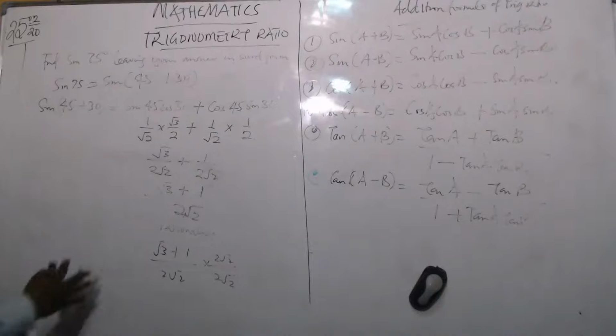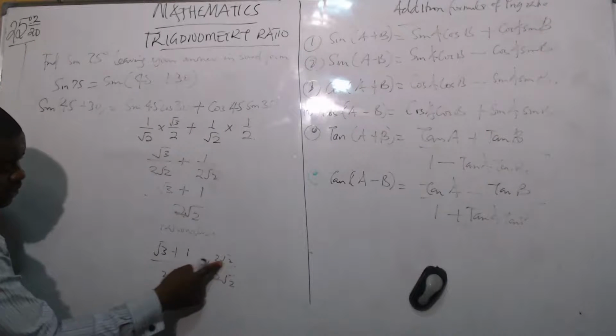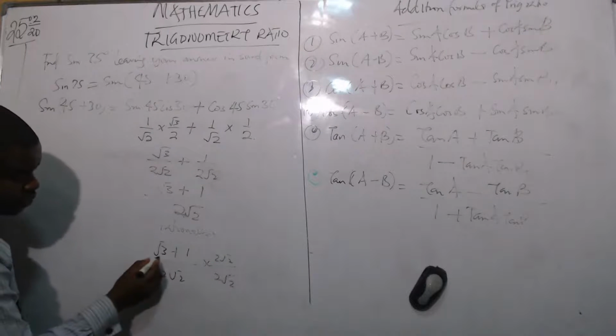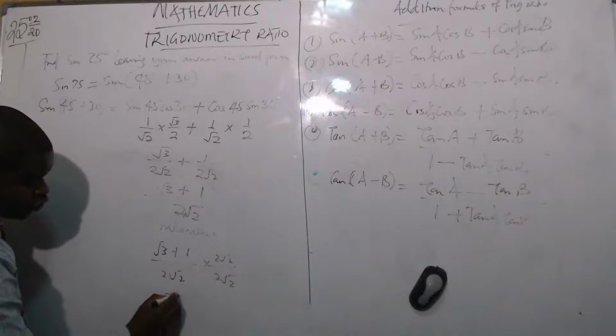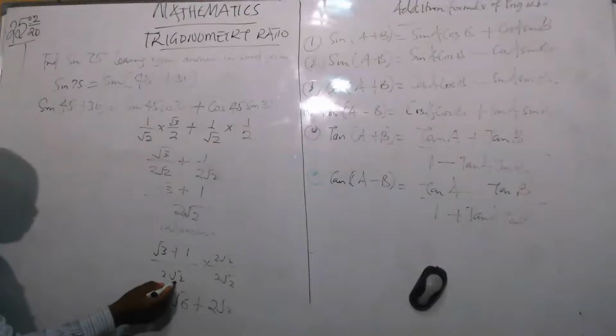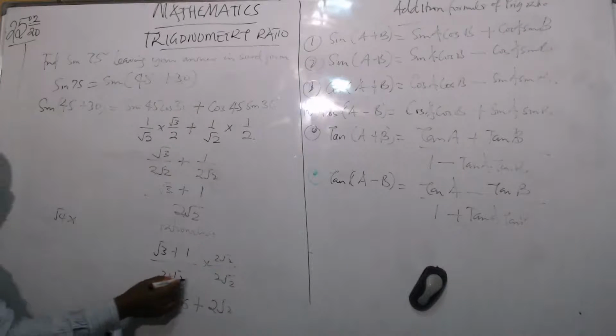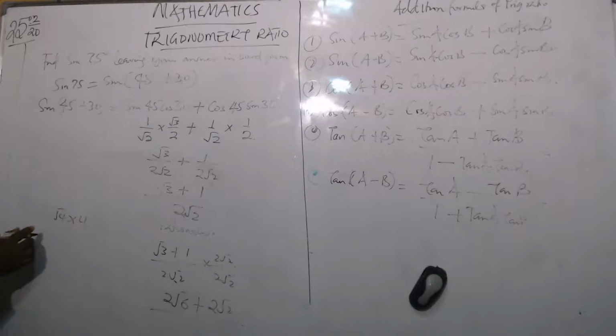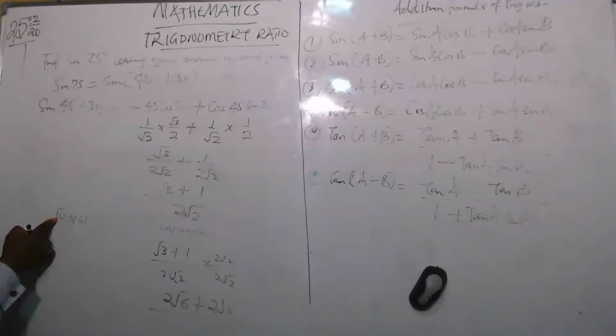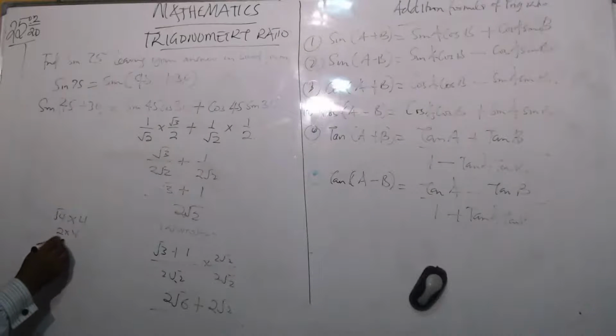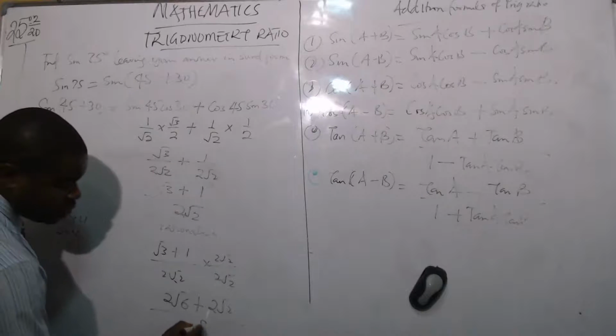Still the same thing. Then expanding this now, we have this times this. Root 3 times root 2, we have root 6. Apply this one in the bracket. Root 2, root 2, we are going to have root 4. 2 times 2, we are going to have 4. Root 4 will give you 2. Times 4 will give you 8. So you are going to have 8.